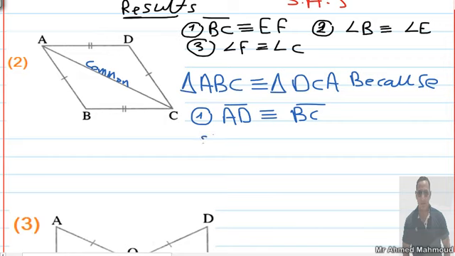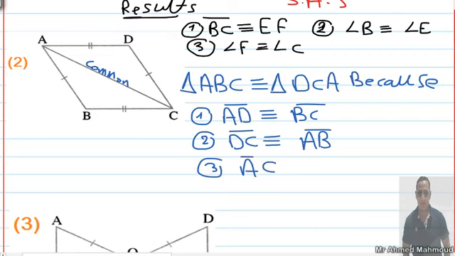Number two, DC congruent to AB. Number three, AC is a common side. And the case here is SSS.